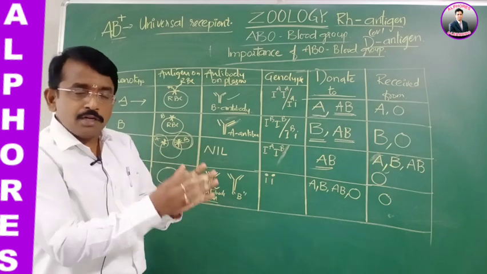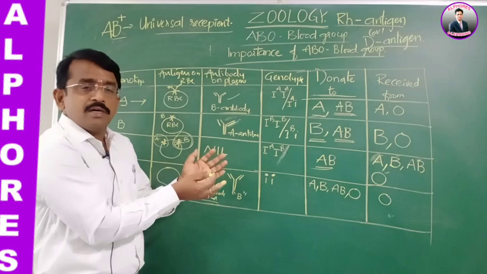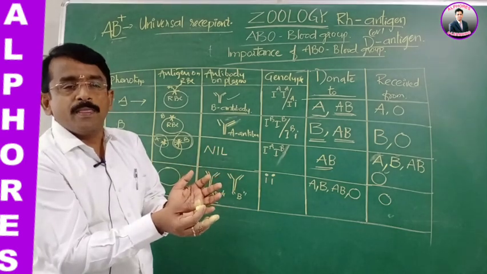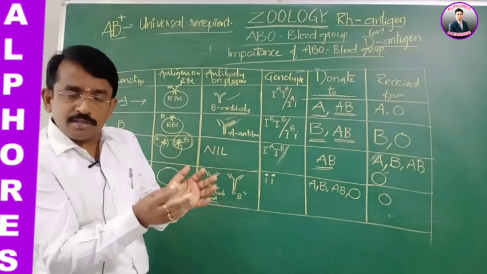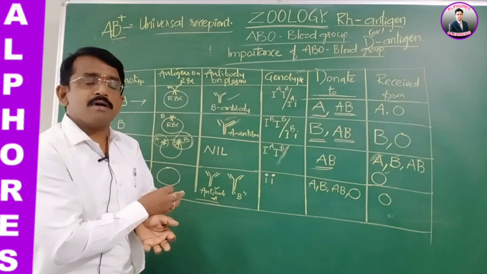That is an individual with Rh antigens. Besides the ABO group, if they have the Rh antigen, they are positive. If they don't have the Rh antigen, they are Rh negative.